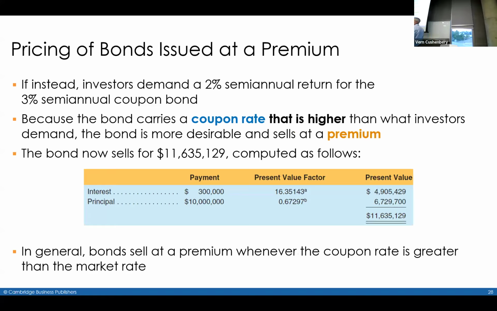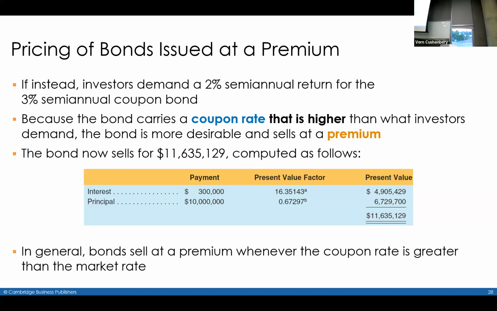Okay, other way around, if interest rates decline, the value of the bonds goes up. Because other investors, everybody else in this room, they say, hey, that bond over there has a 3% coupon. If I buy that bond, I'm getting semi-annual interest payments of $300,000. If I buy a bond that was issued today, I would get semi-annual interest payments of $200,000.